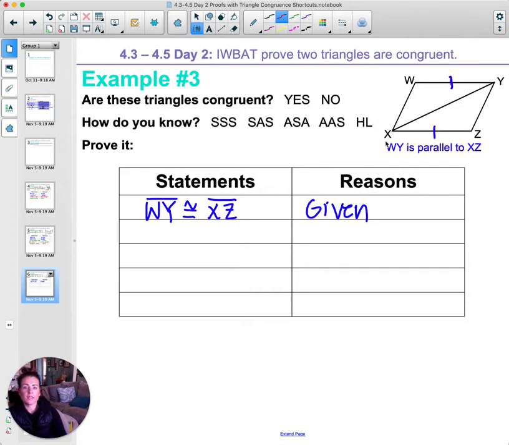Then I'm going to write down, so we see this reflexive line here. So we're used to doing that. So the reflexive side is this middle piece. Okay, so reflexive means that segment XY is congruent to itself, XY. Okay, so XY in the top triangle is congruent to XY in the bottom triangle because of the reflexive property.